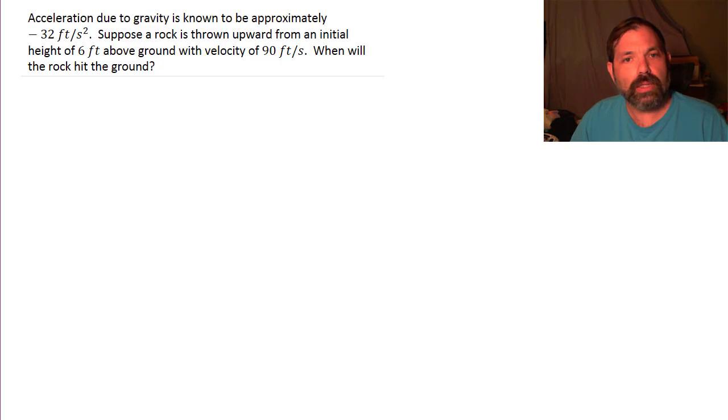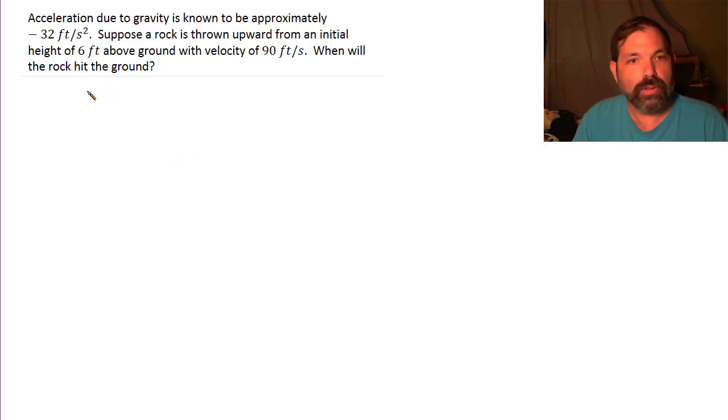Suppose a rock is thrown upward from an initial height of 6 feet above ground with velocity of 90 feet per second. When will the rock hit the ground? So this is an example of a problem we might see in physics. And in physics, maybe you were just given some formulas to use for this. In calculus, we can derive the formulas using what we've just learned.